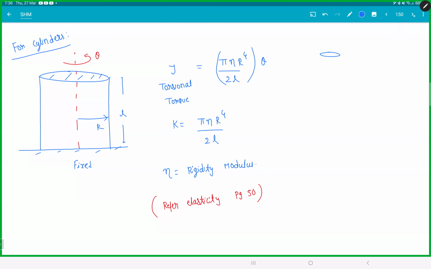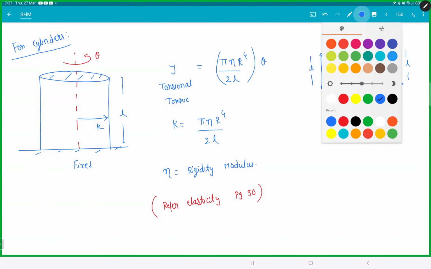So that means if you take two cylinders, if they want to ask in advanced, they will mix up something like this. Then they can ask you, find the torque required to twist it, or find the torsional constant and find the time period. So if you take two cylinders of same length, but if this is radius r and let's say this is 3r, you know the meaning of this?